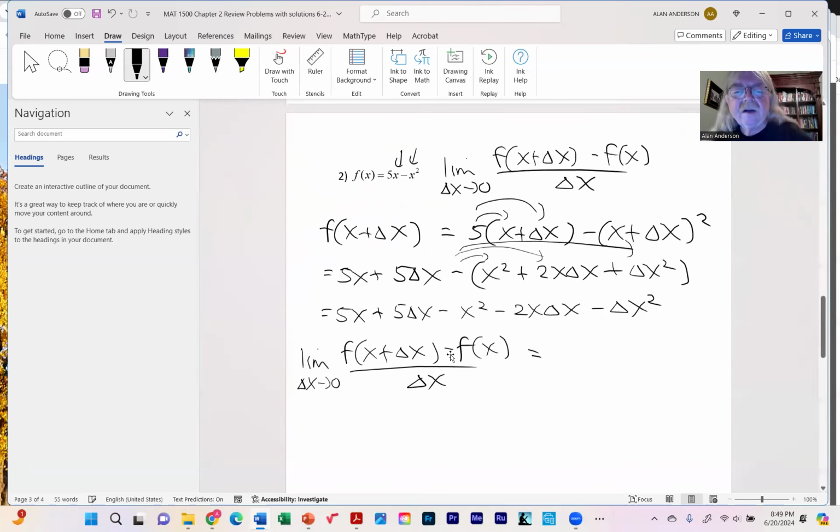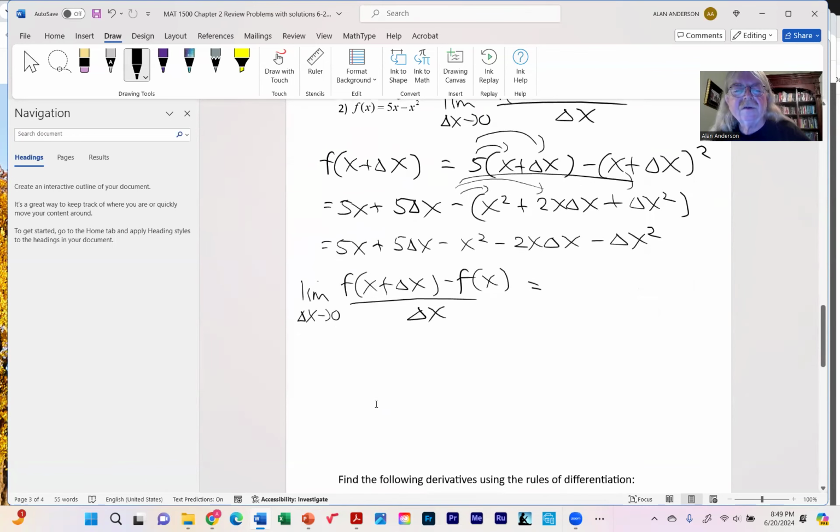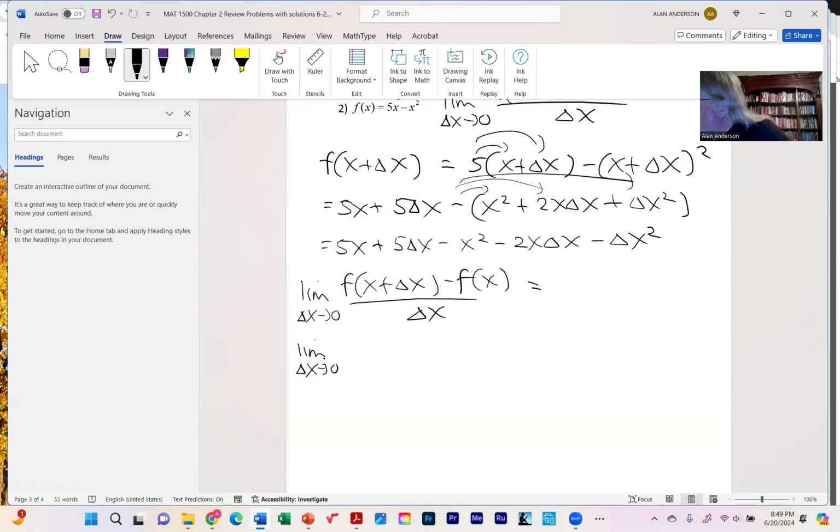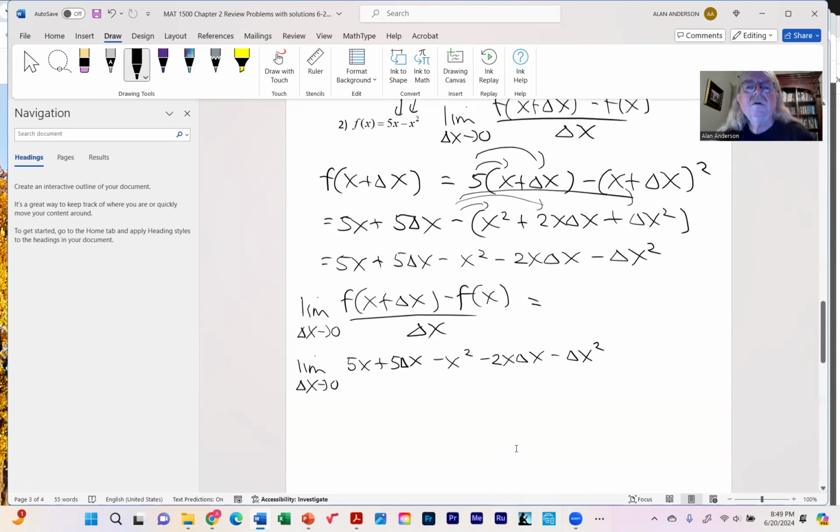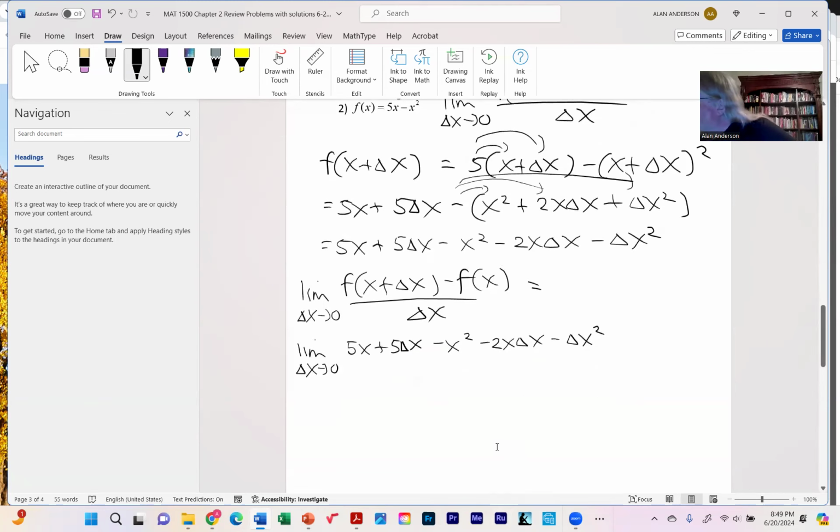All right, so here we gotta watch it. We're probably gonna run out of room if we're not careful. So I have to be super careful with these negatives. Now the original function was 5x minus x squared. That gets subtracted over here, so we have to apply the negative sign here.